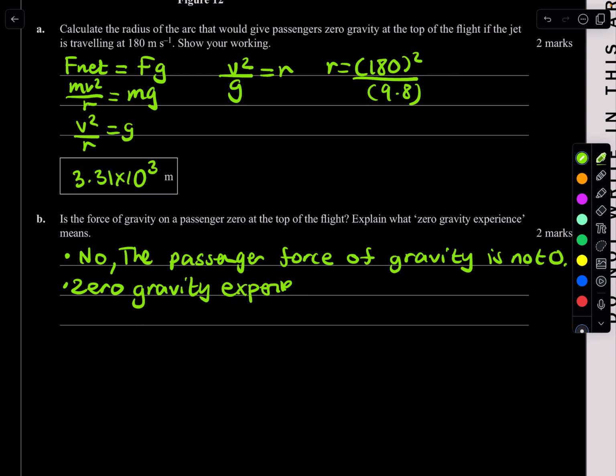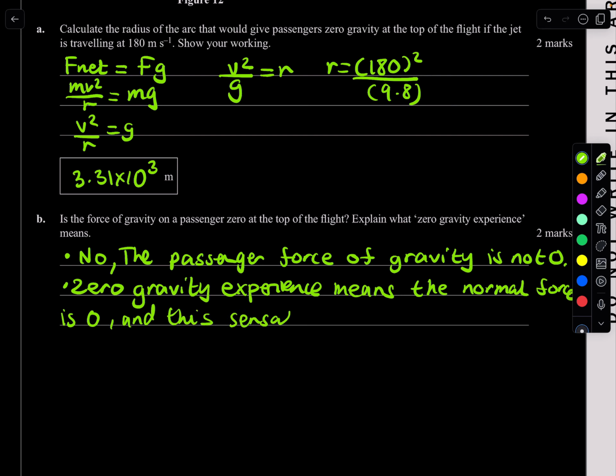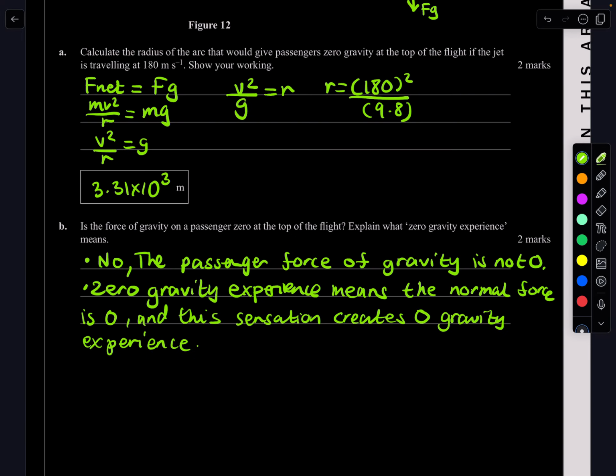Zero gravity experience means the normal force is zero, and this sensation creates the zero gravity experience. That's what it means. Very nice question. So no, the passenger force of gravity is not zero. Zero gravity experience means that the normal force is zero, and this sensation creates the zero gravity experience. That's it. That should give you the mark there.